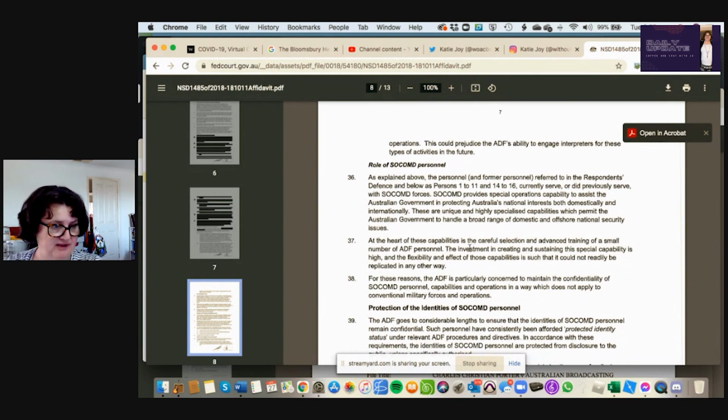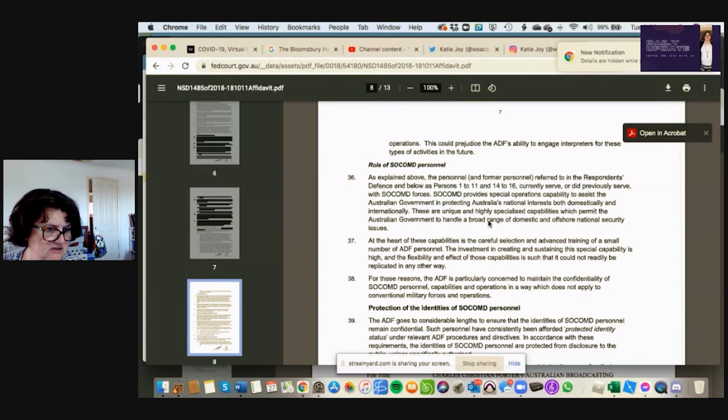As explained above, the former personnel referred to in the respondent's defence and below as persons 1 to 11, 14 to 16 currently serve or did previously serve with the SOCOMD forces. SOCOMD provides special operations capability to assist the Australian government in protecting Australia's national interests both domestically and internationally.